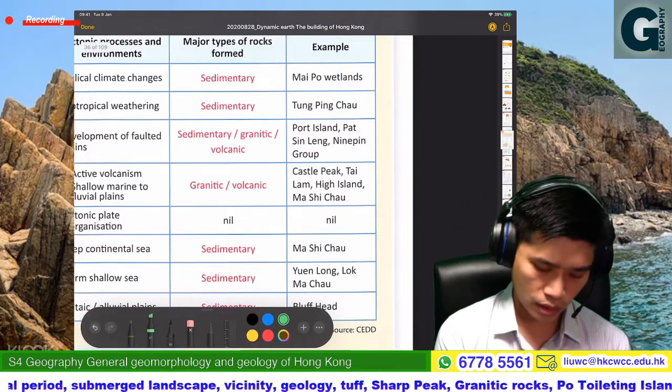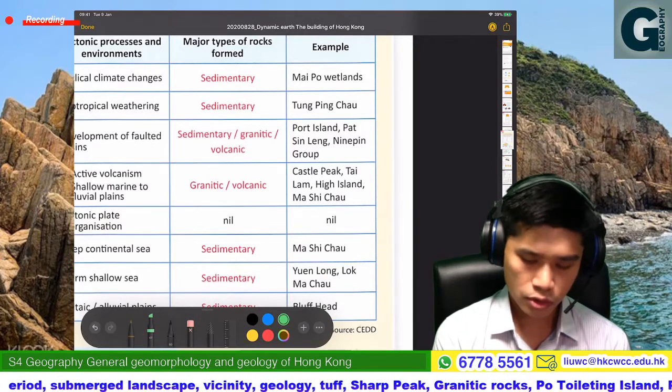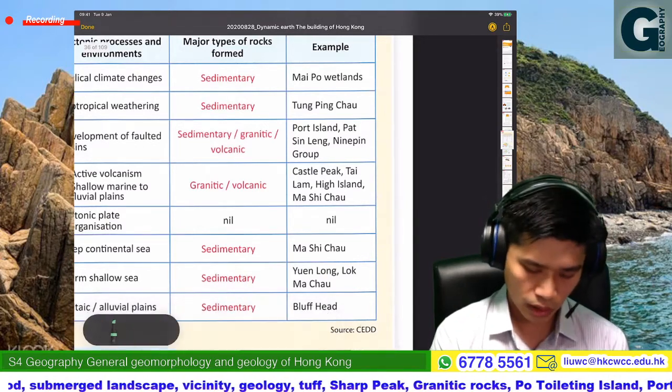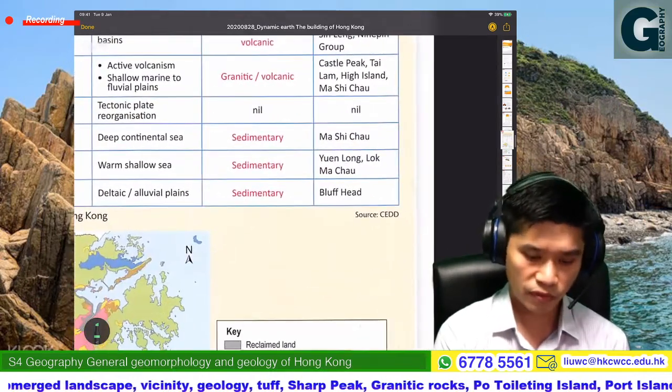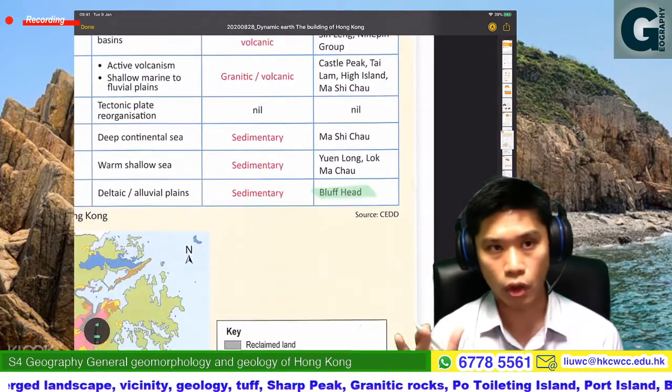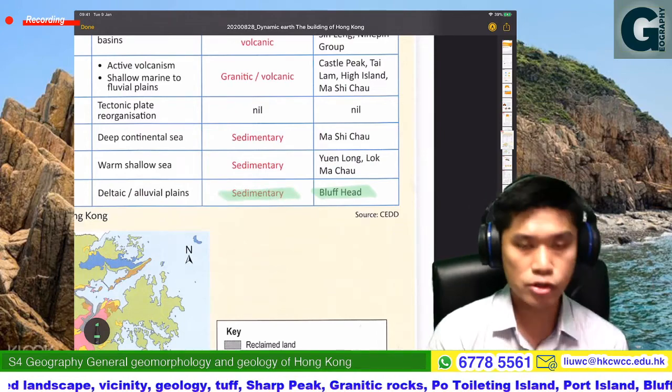So the oldest rock in Hong Kong, just now I've mentioned, 最古老嗰個嘅石頭，香港最古老嘅石頭 Bluff Head 黃竹角咀 that is sedimentary rock.